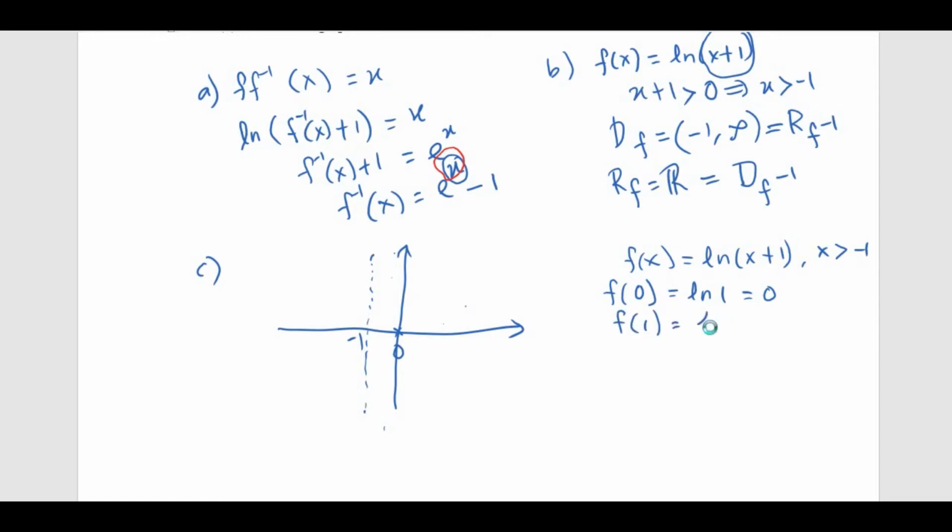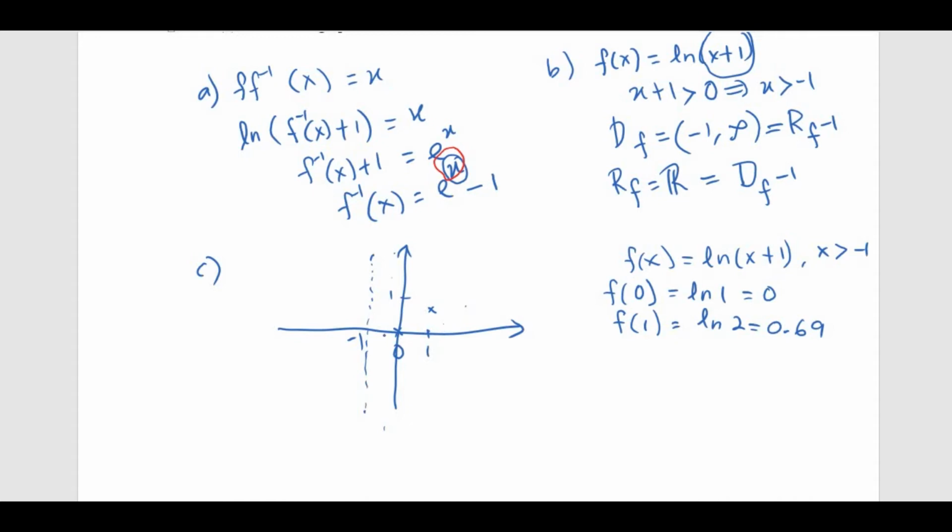So f of 1 is equal to ln 2. So what is ln 2? ln 2 is equal to 0.69. So you plot the point, here is 1 and then 0.69, somewhere here. So this is the point.